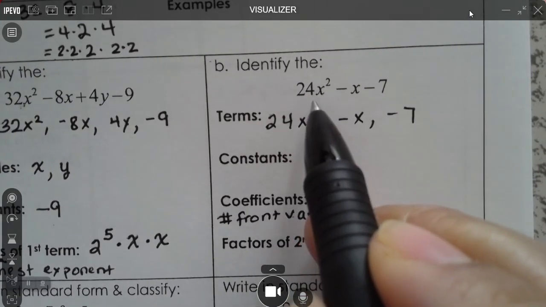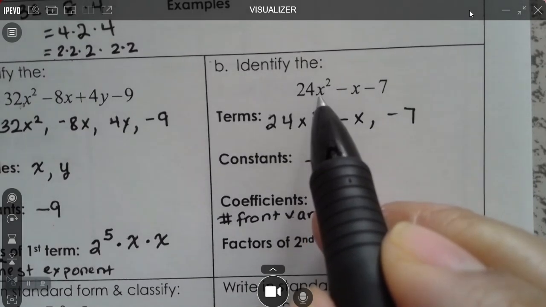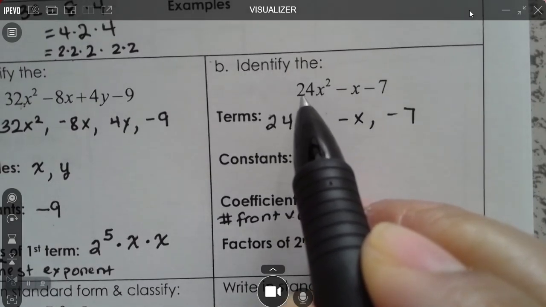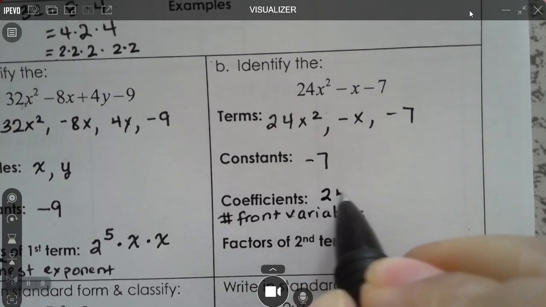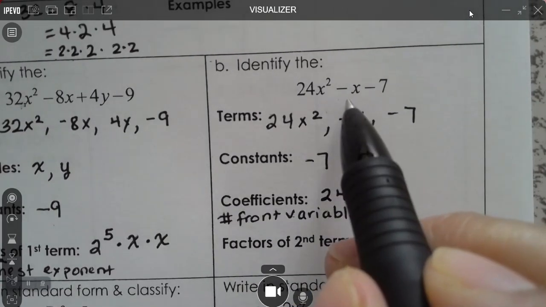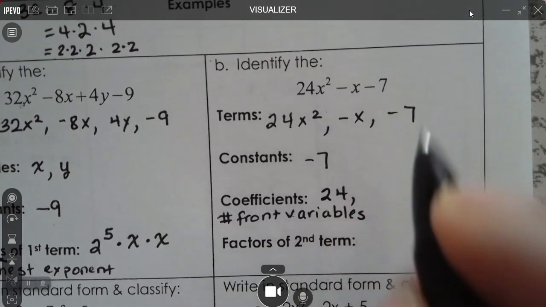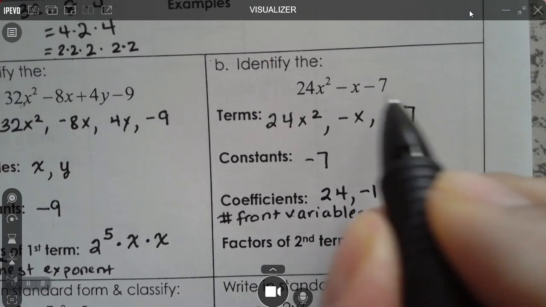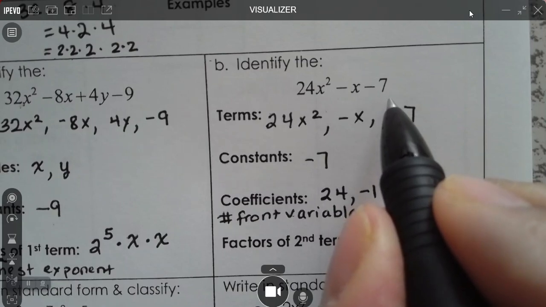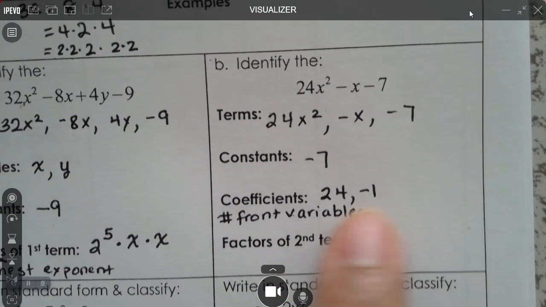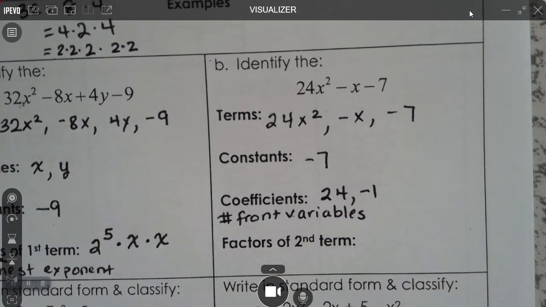All right, this term has a variable, so the number in front is the 24. The middle term has a variable. The number in front is a negative 1. The last term doesn't have a variable, so that's not a coefficient. So those are the only coefficients.